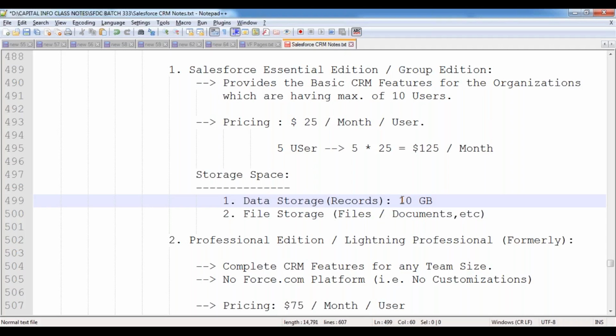And what is the file storage? File storage will be 1 GB. Whatever files, documents, images, pictures, audio files, video files you are going to use inside your Salesforce application, the combined maximum storage capacity will be 1 GB, not more than that.